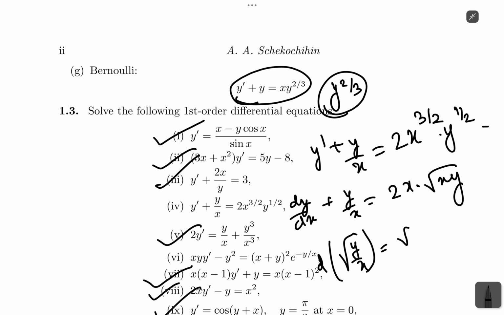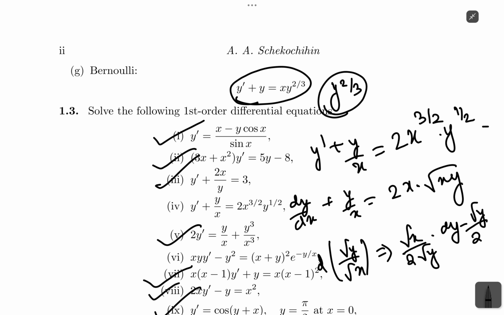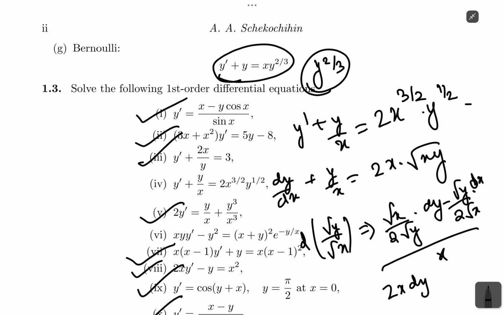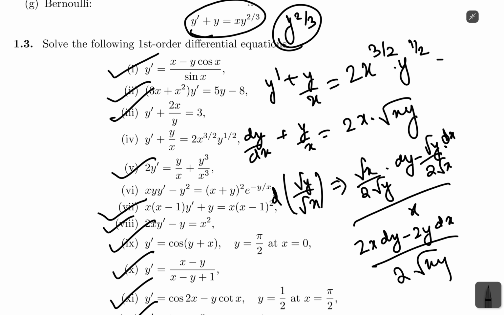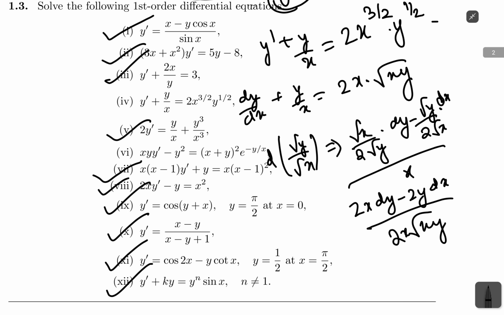This should be, so root y by root x, differential of root y would be 2 root y times dy minus root y by 2 root x dx by x. So this should be 2x dy minus 2y dx upon 2 root xy times x. Yeah, so I think we figured it out. It looks something like that only.